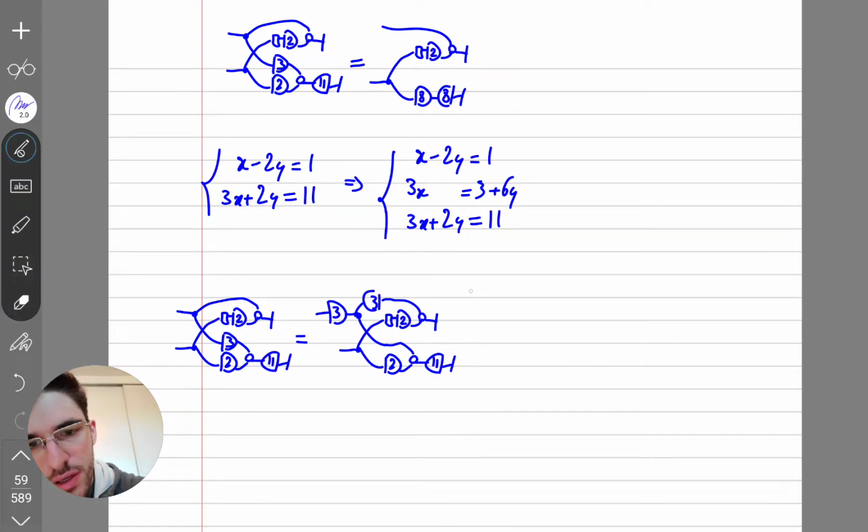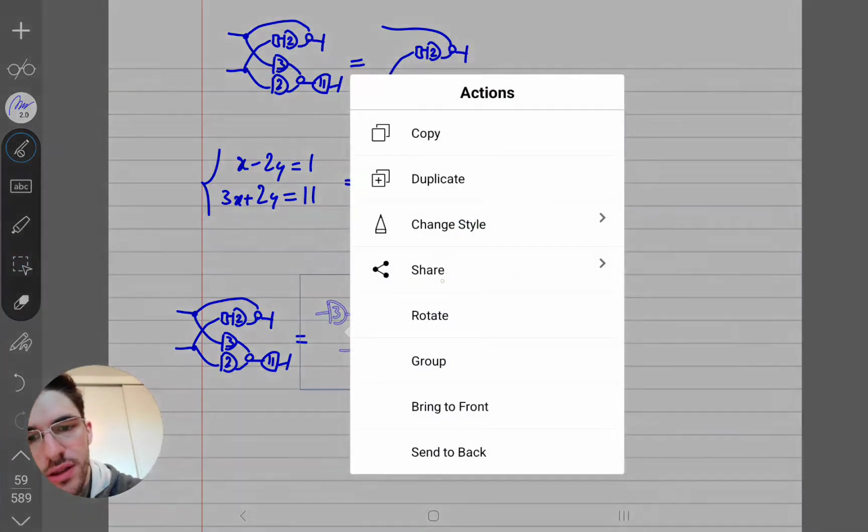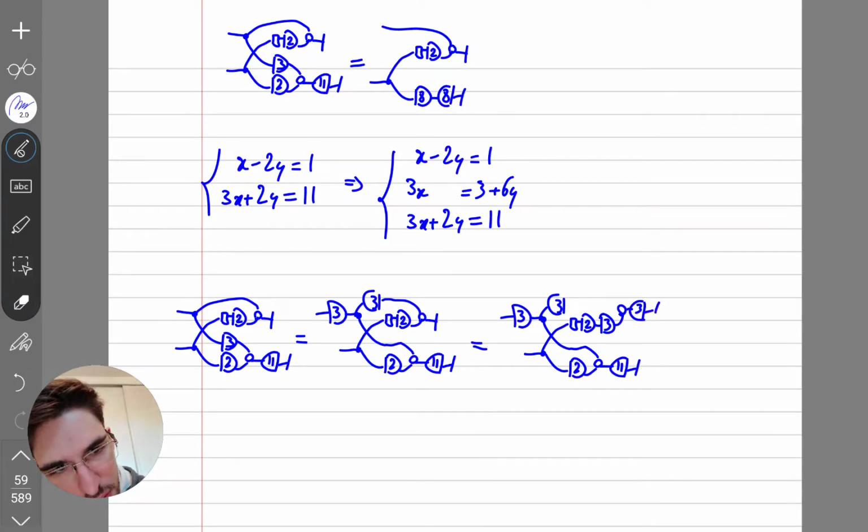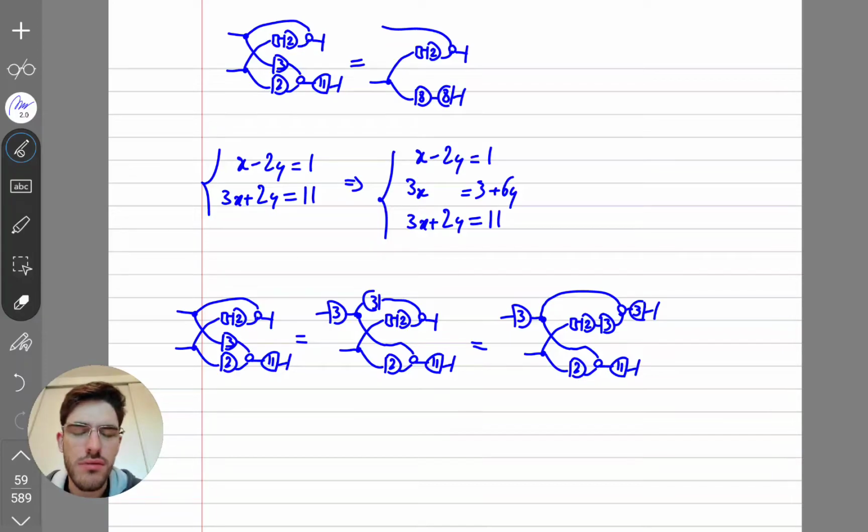So I keep sliding. I think I'll figure out some general rule after I'm done doing that. So I keep sliding the 3. The 3 can also slide across this dot. So it goes like this. The fact that it slides is distributivity of addition over multiplication, or whichever way around.